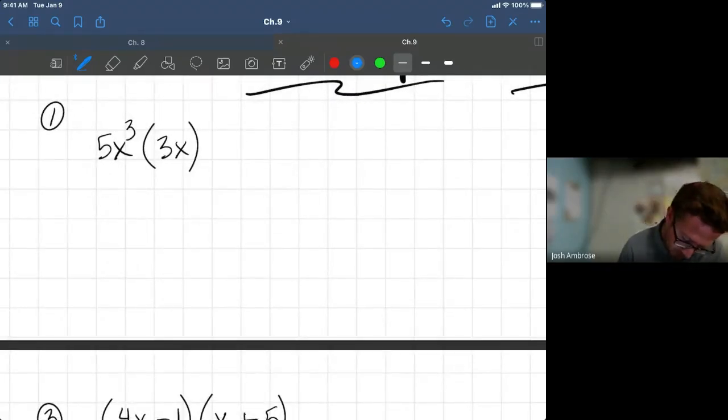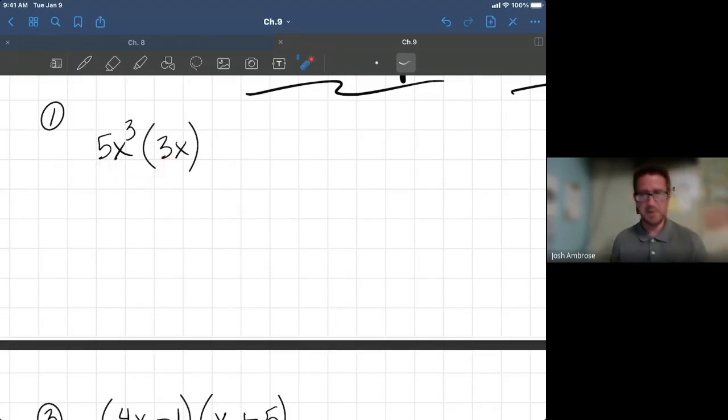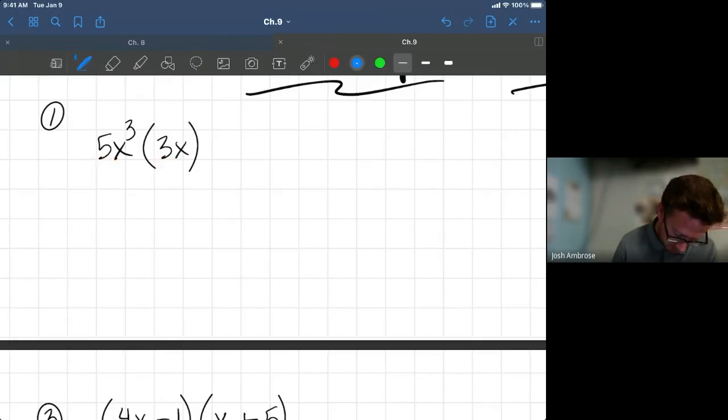What we have is 2 numbers, 5 and 3. Both are coefficients, and this is being multiplied together. The 5 and the 3 can easily be multiplied together to create 15.